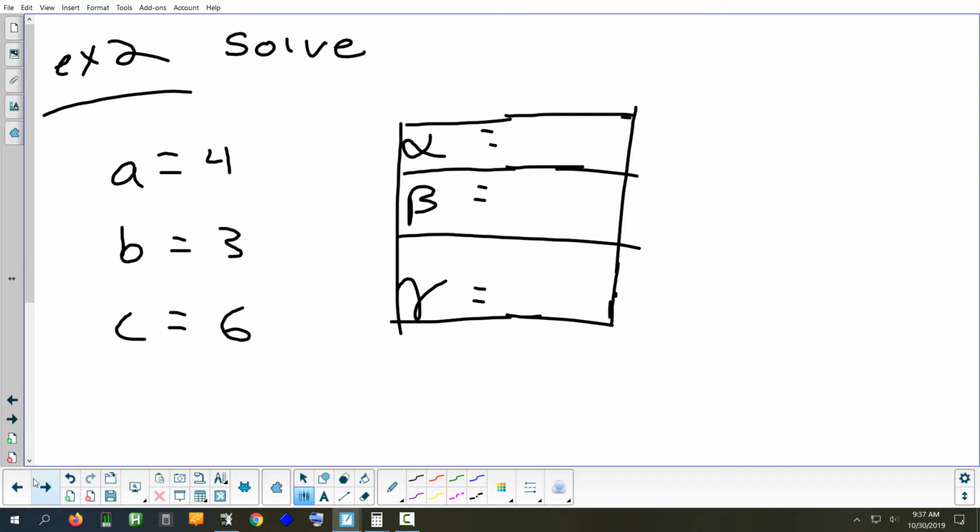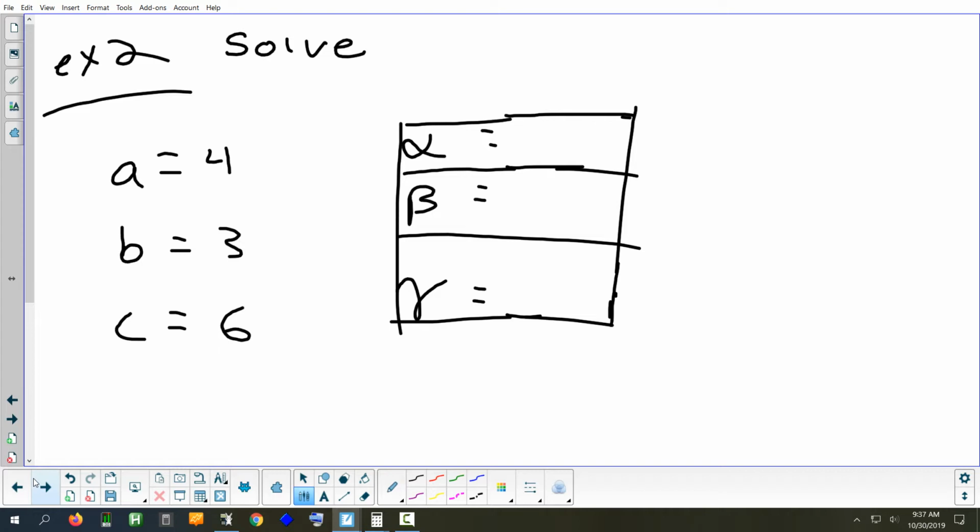Unless, can anybody think of a case where you would only have to do it once? It would have to be special, but it could happen. Yeah. If all the sides are the same, then actually you wouldn't even have to do law of cosines. If all the sides are the same, what are all the angles? Same. They're all 60. But you're kind of on the right track if you had two sides the same.